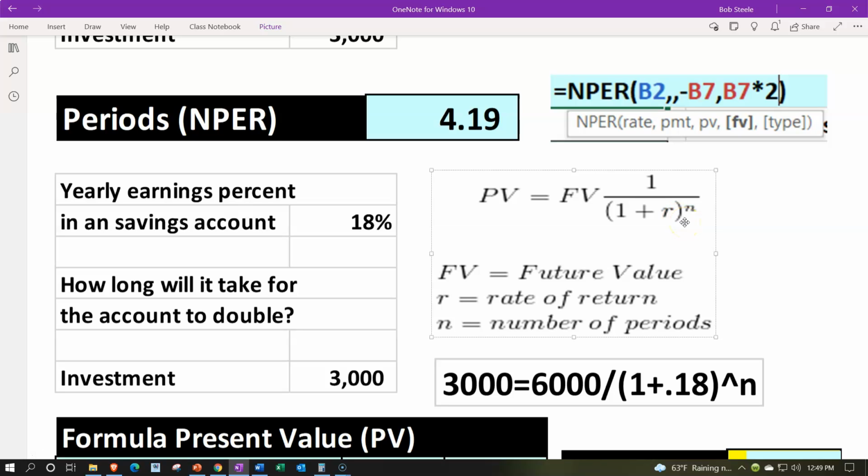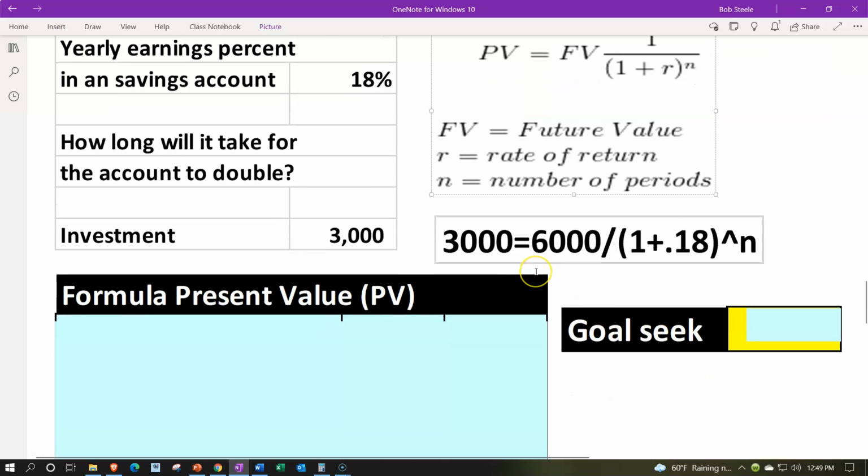In this case, we know the present value, the starting point, which is 3,000, equals the future value, which we know is twice the 3,000 because we want it to double, which would be 3,000 times 2 or 6,000, over 1 plus the rate, which is 0.18 or 18%, to the power of n, being the unknown. So you can write it out algebraically looking something like this: 3,000 equals 6,000 over 1 plus 0.18 to the power of n, and then solve for n algebraically.